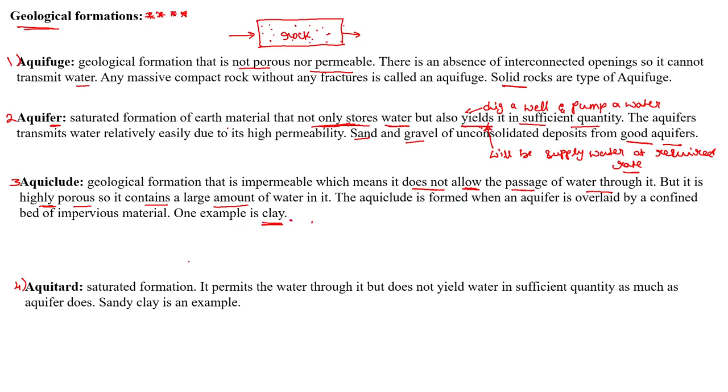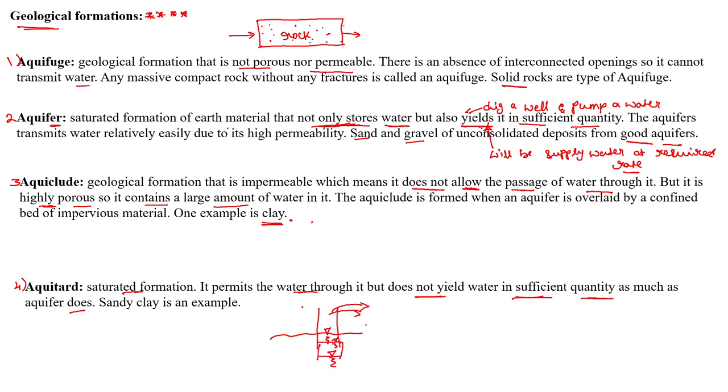Okay, the last one is the aquitard. This is similar to the aquifer. This is a saturated formation. It permits the water through it, but does not yield water in a sufficient quantity as much as an aquifer does. Suppose you dig a well in some places, initially the water level may be here, but as you pump, the water level will degrade, it will further degrade.